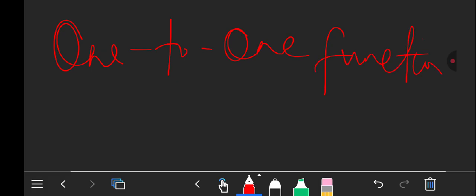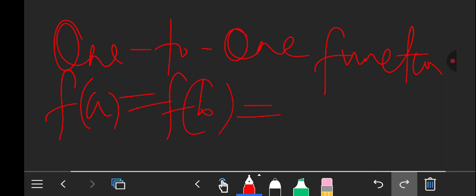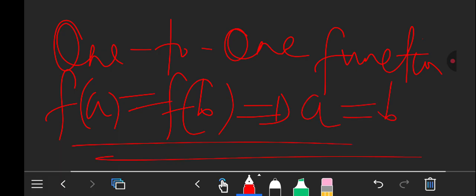For a one-to-one function, if f of a is equal to f of b, then for it to be one-to-one, a must be equal to b. If a function is able to satisfy this condition, then that function is called one-to-one. Let's now answer these questions. We've known what to do.